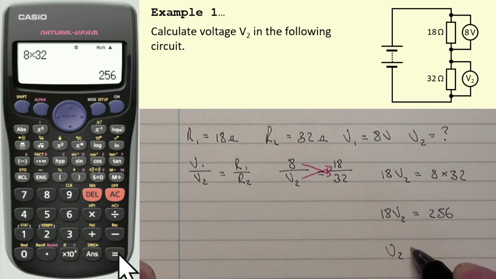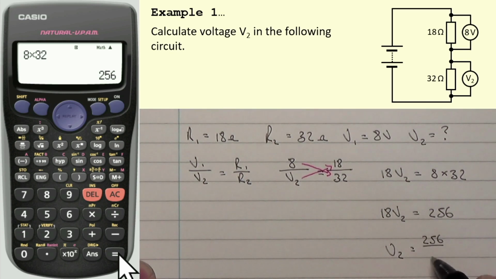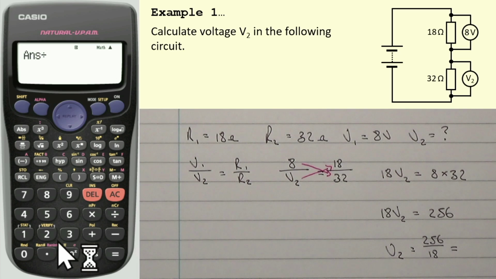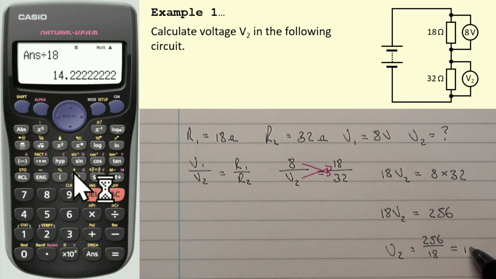So that gives me V2 is 256 over 18, which is 128 over 9, which is 14.2 with a recurring decimal, 14.222222. I'm going to round that to 2 significant figures, giving me 14 volts.